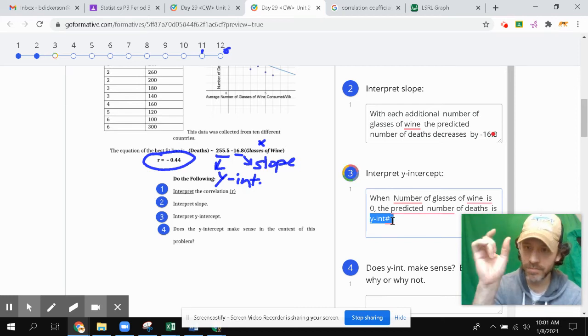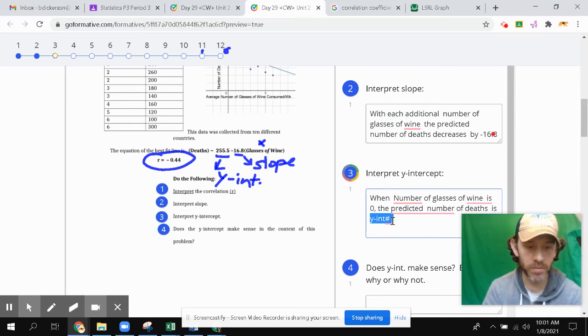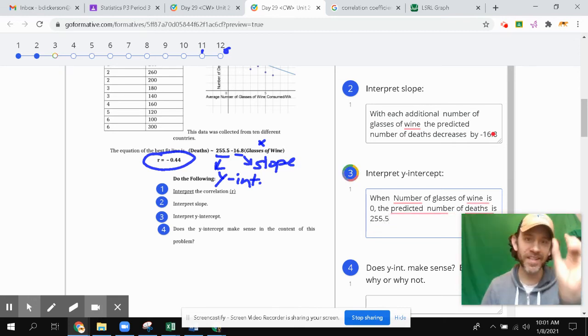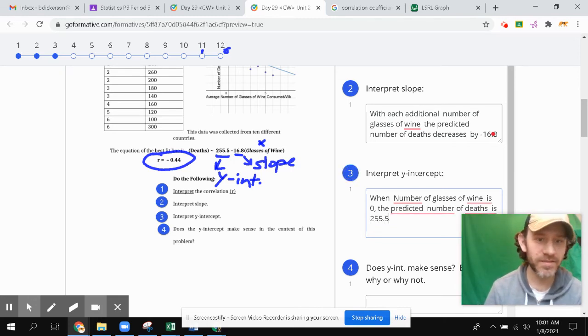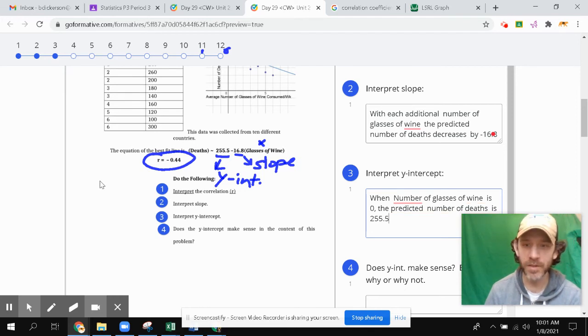And that hashtag is actually a number symbol. Before it was a hashtag. So when you see that, it's actually talking about number, not a post on Instagram or Twitter. Okay? So you put the number in there, 255.5. So you've got these interpretations. That's just a copy and paste and fill in the blank.